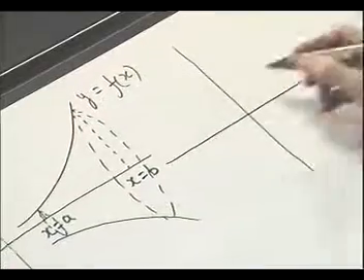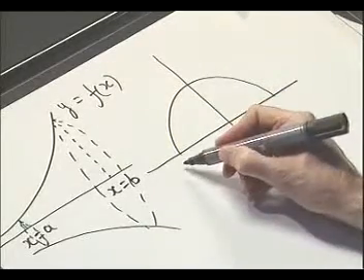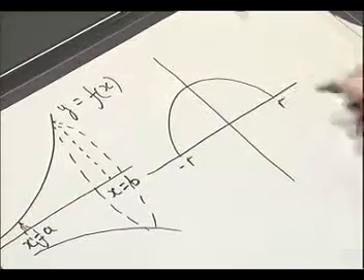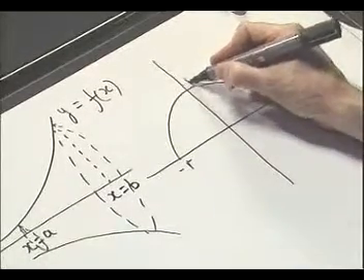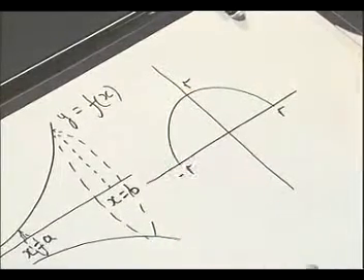Now, given an appropriate curve, let's say it was a semicircle. Let me just draw that curve. Supposing we had a semicircle like that of radius r, so it would cross the x-axis at minus r and the y-axis at r. Now, if we rotated that, we'd get a sphere.